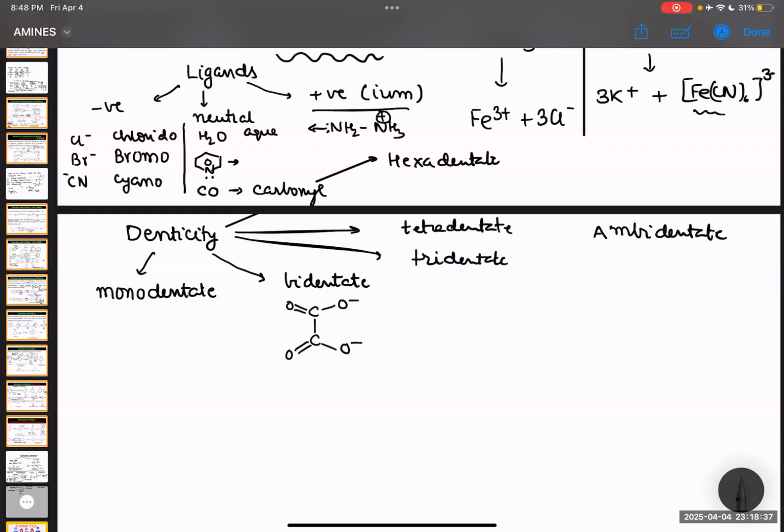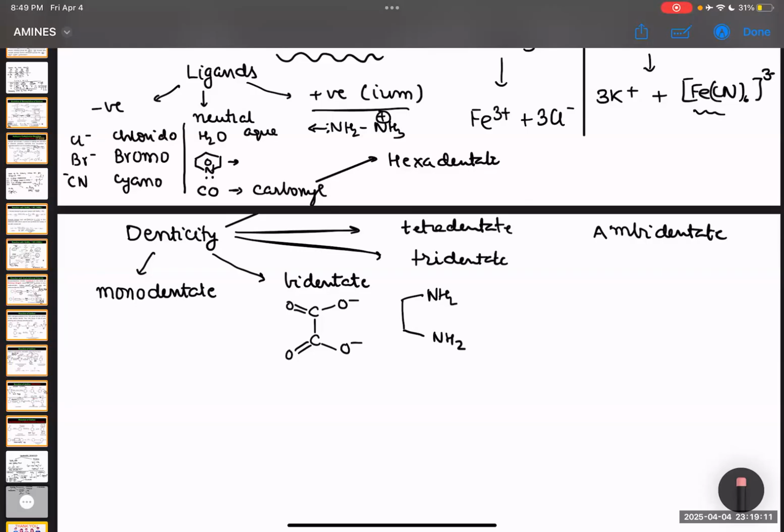And then a neutral bidentate ligand, you have NH2-CH2-CH2-NH2. So what will this be known as? What will you call this? Ethylene diamine, and the other name is actually ethane 1,2 diamine.